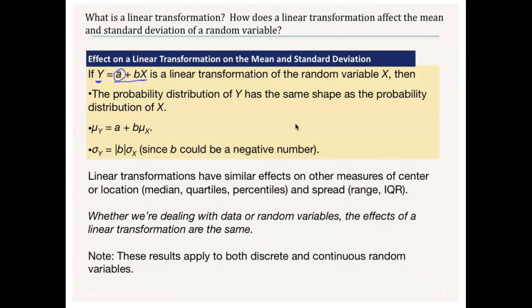That's called a linear transformation. Then the mean of y will be a plus b times the mean of x. And the standard deviation of y will be the absolute value of b times the standard deviation of x. And that's just because it is possible for your multiplier b to be negative, but you would always just use the positive version to multiply your standard deviation.